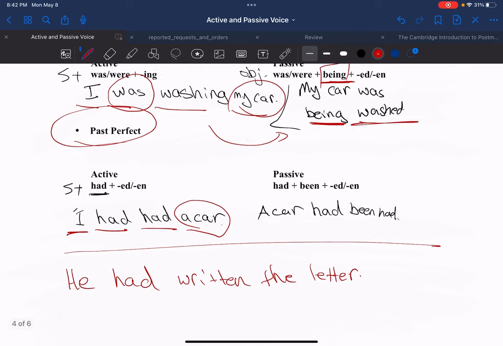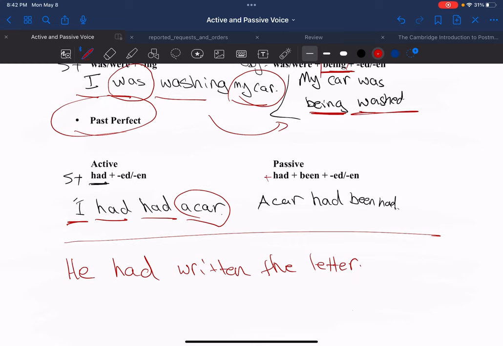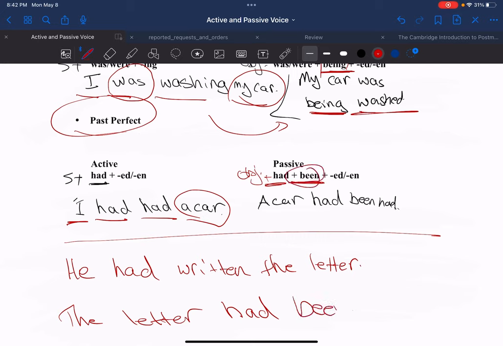Now, this here is the passive state of it. We say the letter had, here in PP been, had been written. This is what you use.